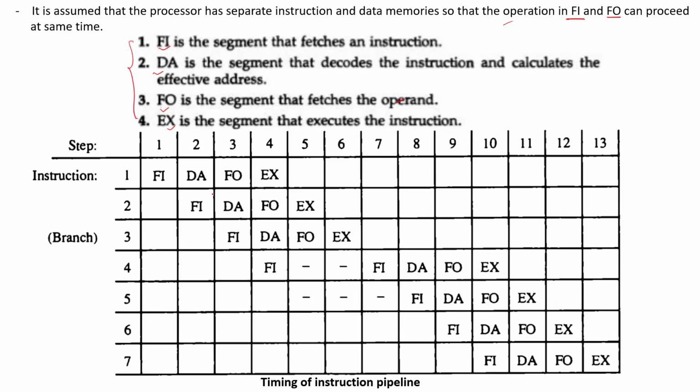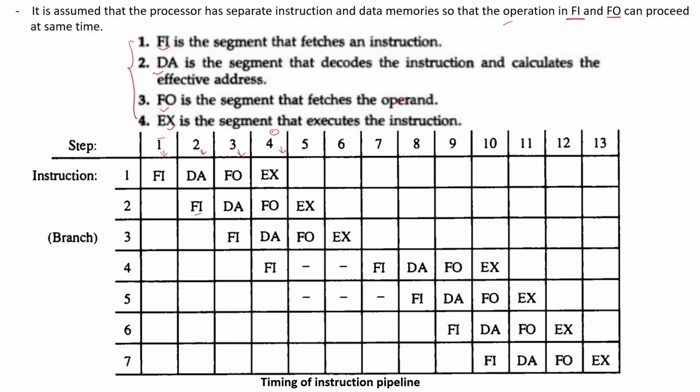If you see the example here, this represents the cycles. During the first cycle, fetching of instruction. During the second cycle, decoding and effective address. Then fetching of operand, and third is the execution. Now in the second instruction, fetching will take place during the second cycle, and in the third cycle like this it takes place consecutively.